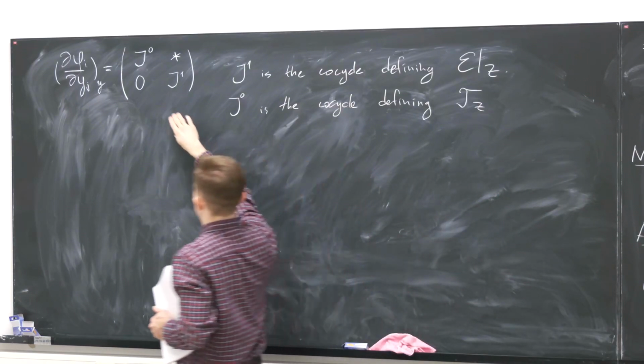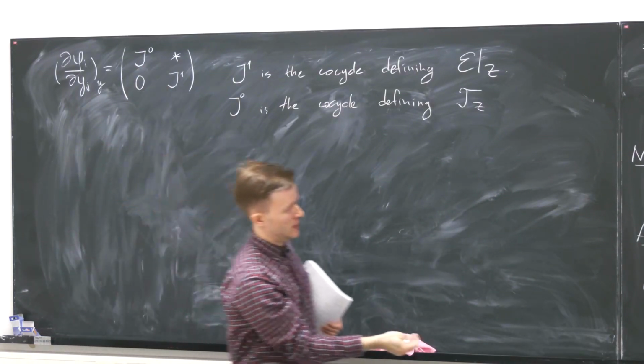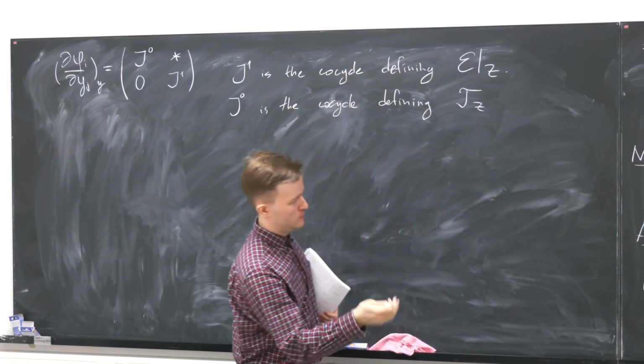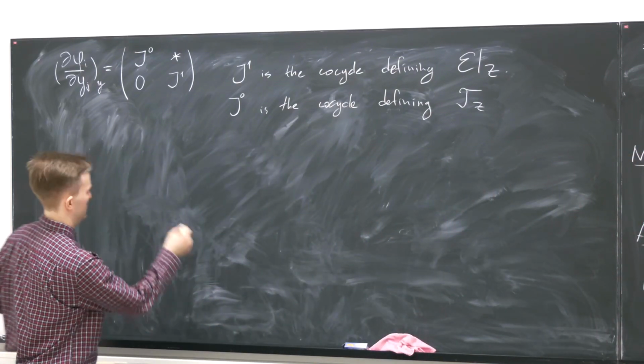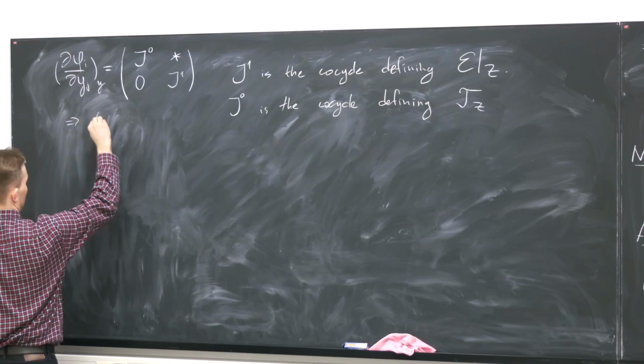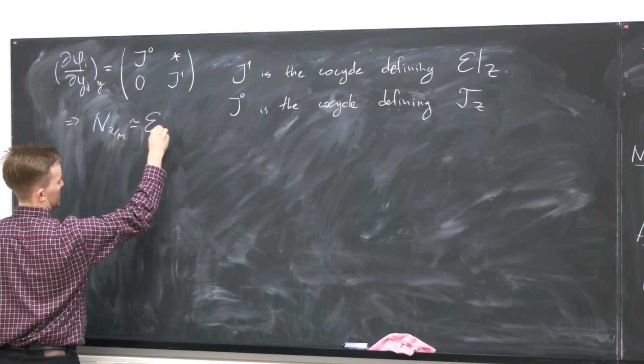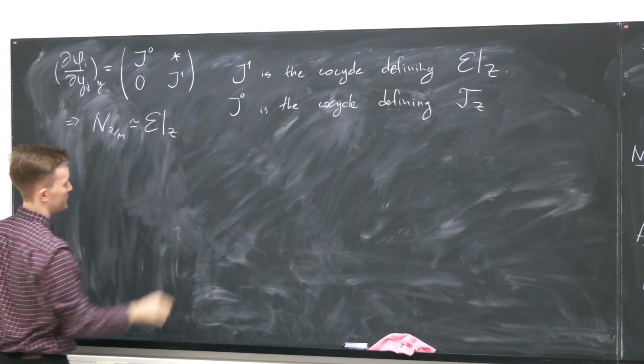This top left corner exactly means that TZ is a sub-bundle of TM restricted to Z, and the quotient is by definition the normal bundle, but then this implies that this quotient, N_Z in M, is isomorphic to E restricted to Z.